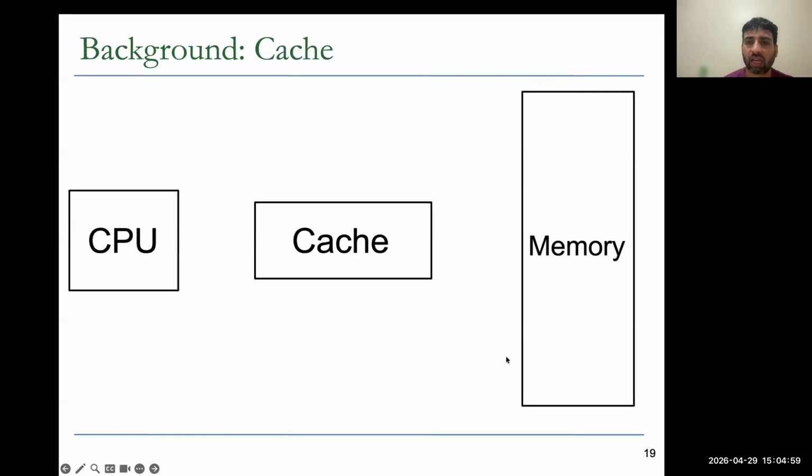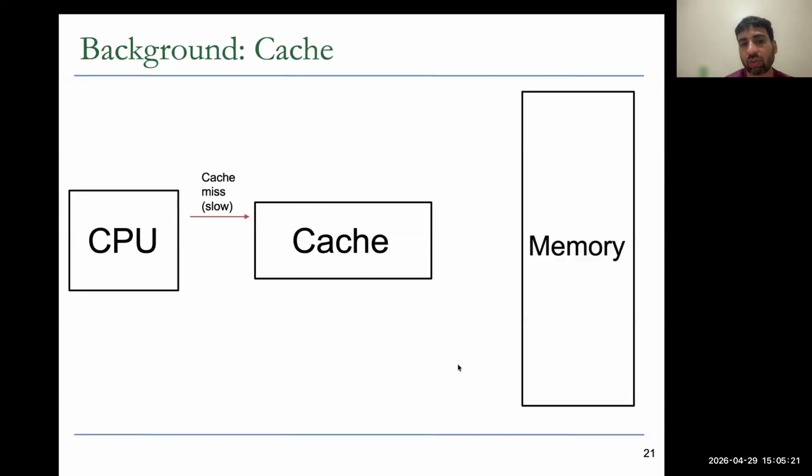We already know how caches work, but let me quickly go through this slide. Caches are supposed to speed up access of memory-located data by the code running in the CPU, right? Whenever the CPU needs to access data, at first it will look in the cache hierarchy.